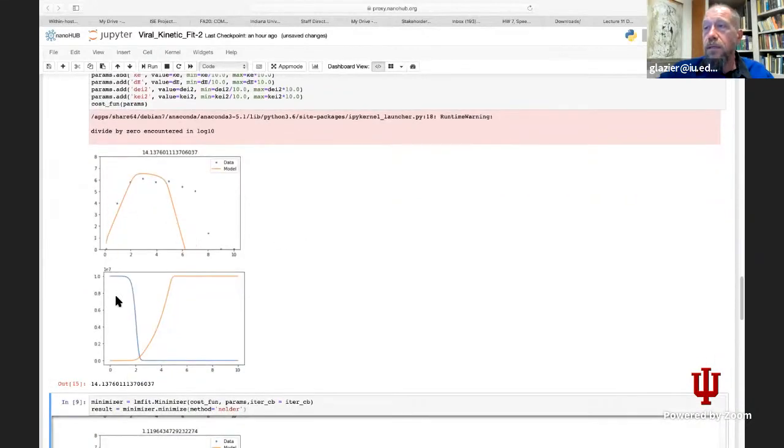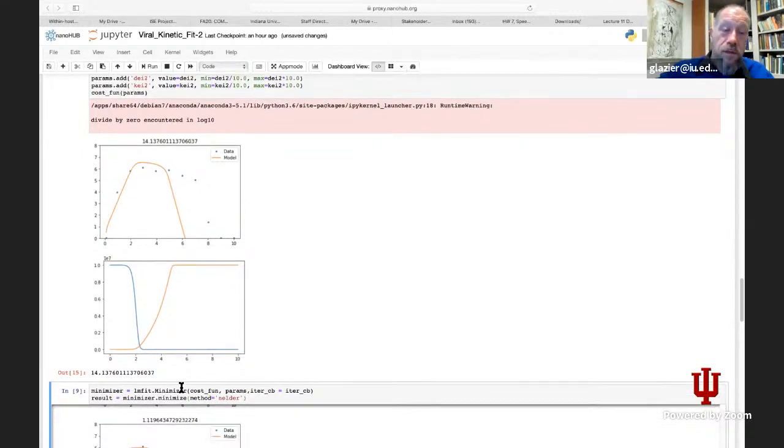Okay, so now it's still everybody's still dying. So we have to think about what we could do. Reducing beta should make fewer cells die.